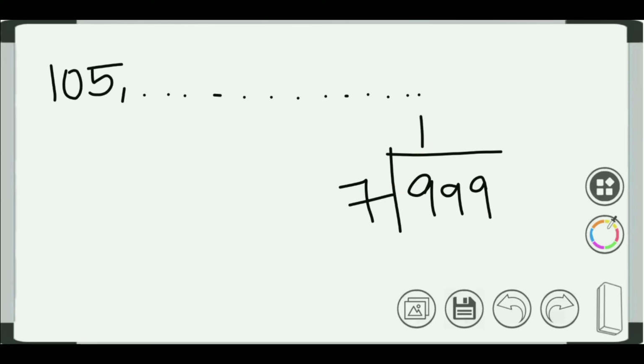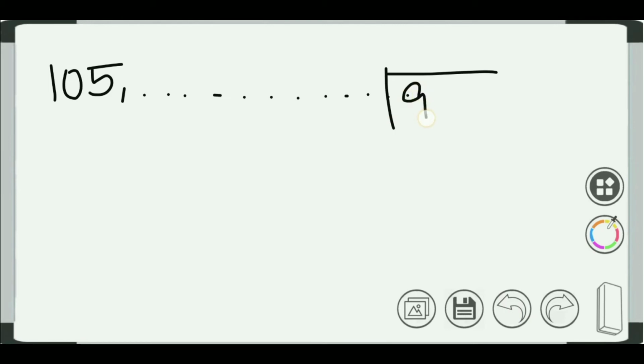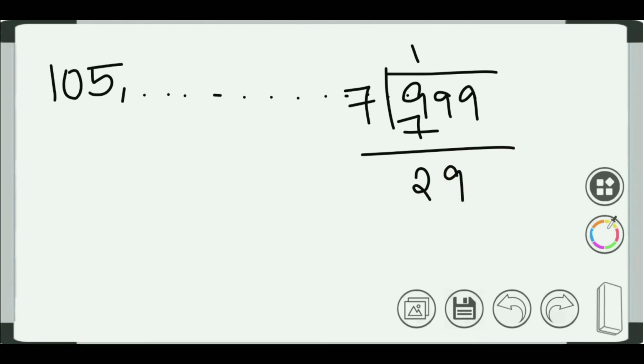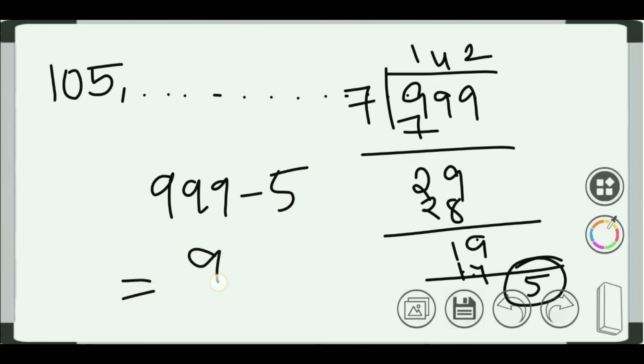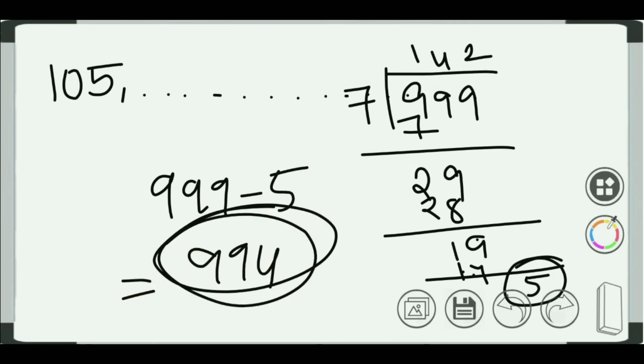Okay. 1 seven is 7. 2, 9, 7 4s are 28, 1, 9, 14, 19 minus 14, 5. So what is the remainder you are getting? 5. That means 999 minus 5. What is 999 minus 5? 994. So this will be the last term, 994.